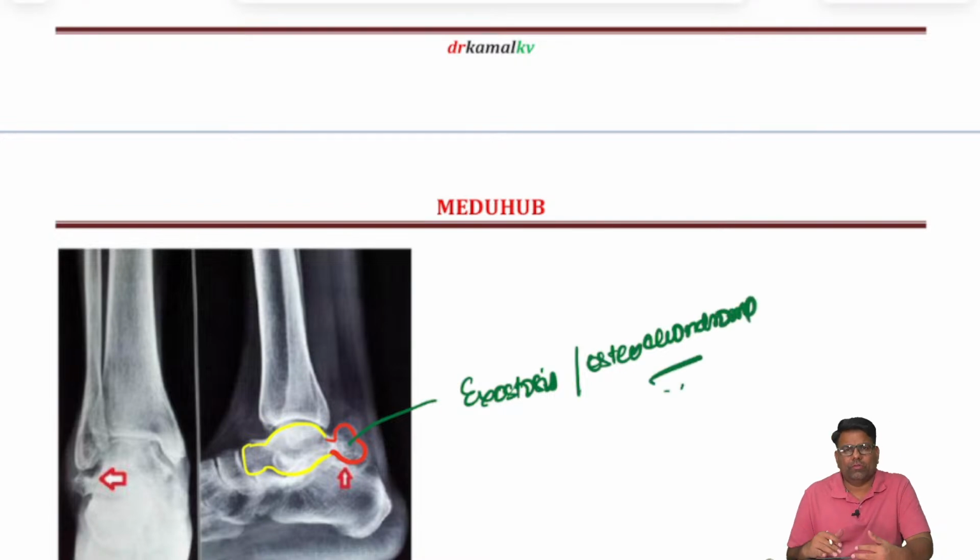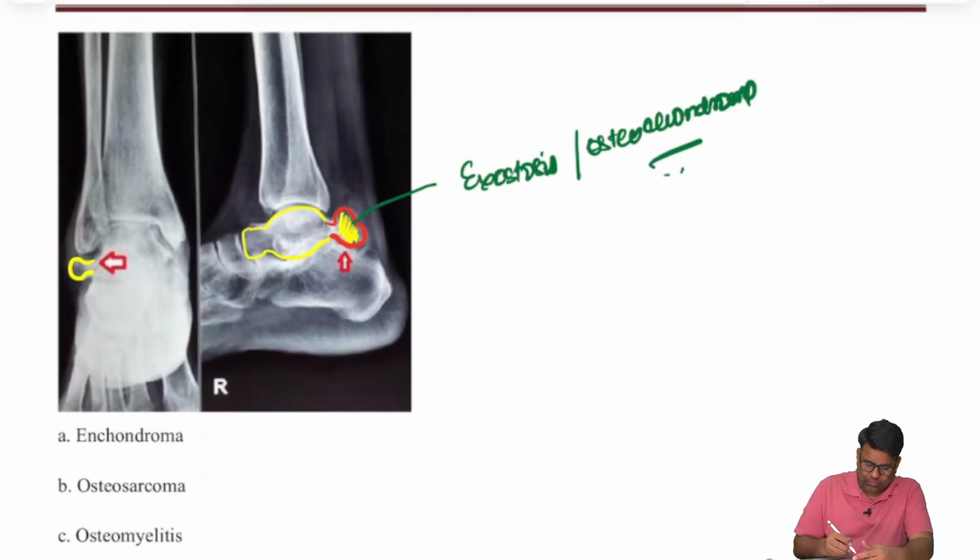Previously we have had a question from this segment many times, but always it was the lower end of femur which was given in the X-ray, but this time they chose to take an X-ray of the foot or ankle, with the exostosis originating from the talus, right? This is osteochondroma.